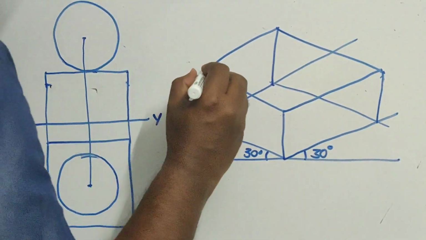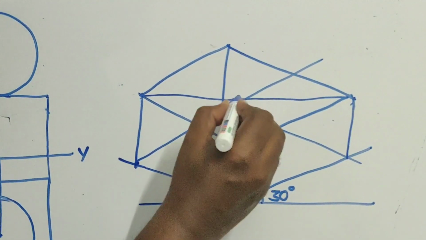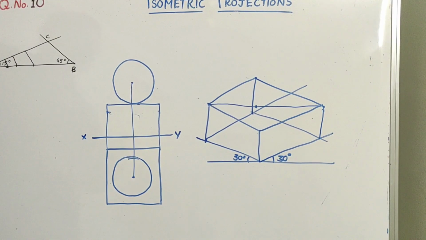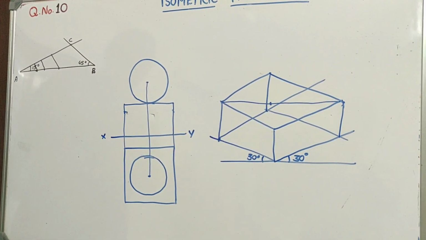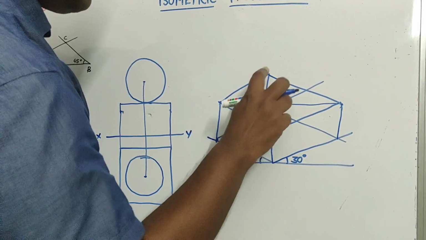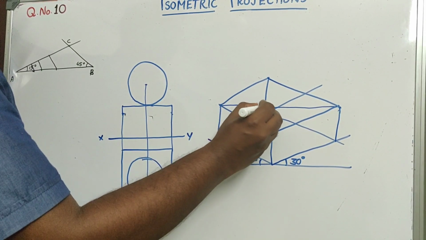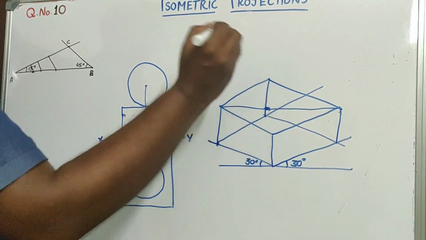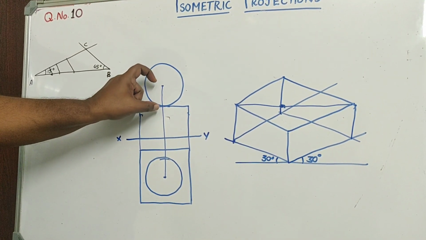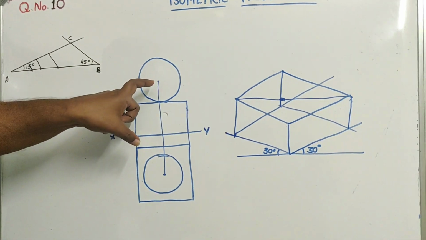So we can have the diagonal to find out the midpoint. So this may be the midpoint. From the midpoint, anyway, it will be along this line itself. So from here, you have to take this radius. This radius is actually 20 mm according to the isometric scale.